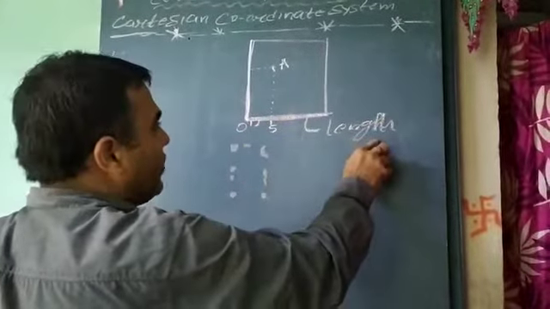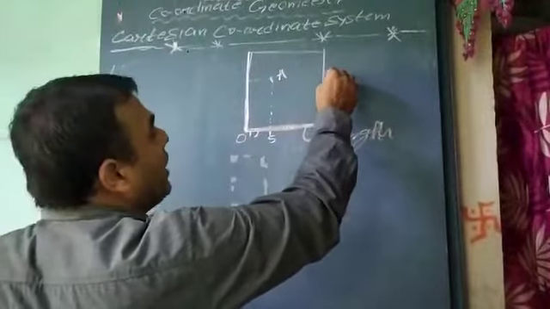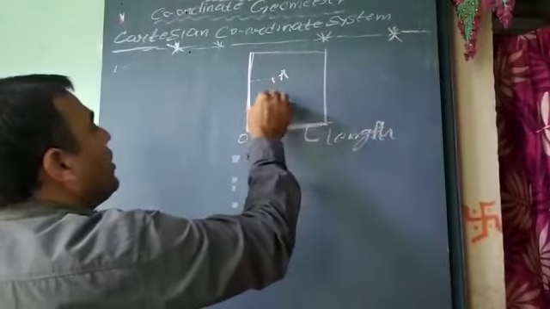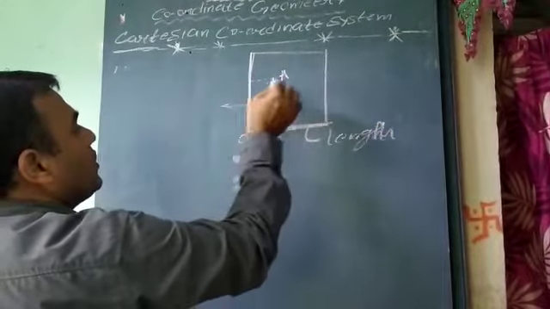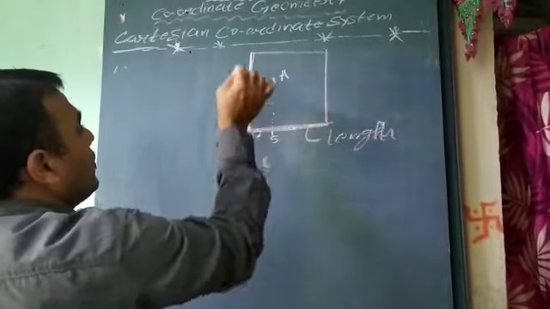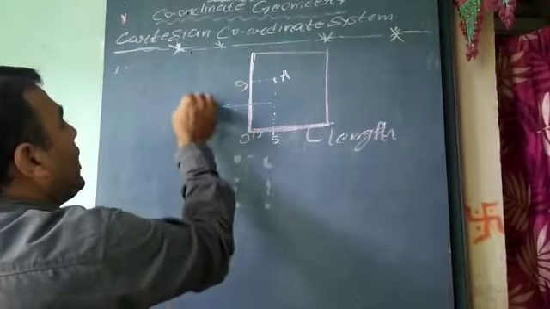Parallel to the length side it is 5 units, and parallel to the breadth side it is 9 units. Let it be 9.